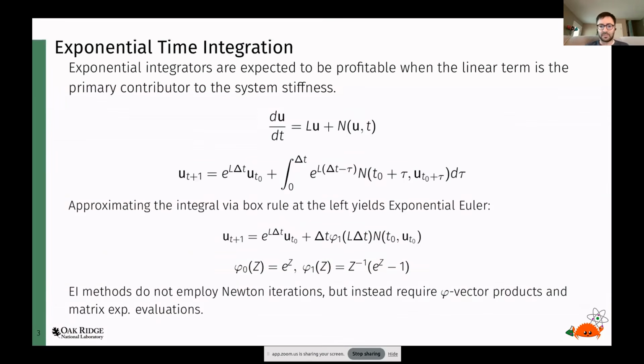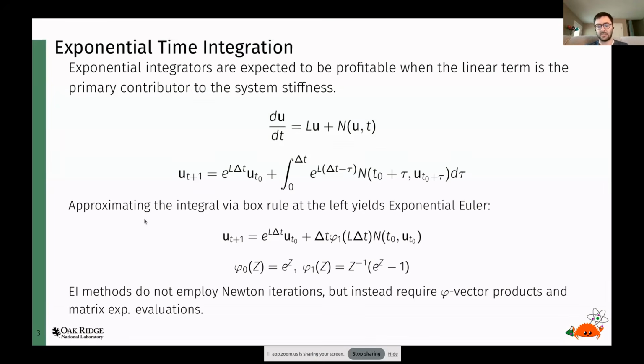But in certain circumstances with large time step sizes, implicit integrators, while stable for large time steps, can introduce numerical dissipation and numerical dispersion. And these exponential class of integrators do not suffer from the same level of dispersion as implicit integrators do. And they also allow you to take large time steps even if your system is stiff.